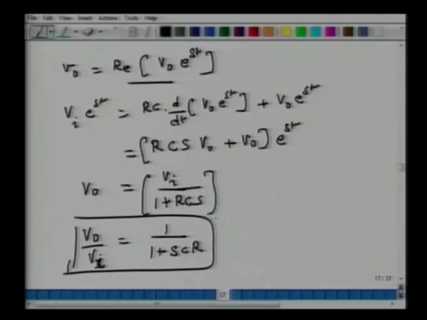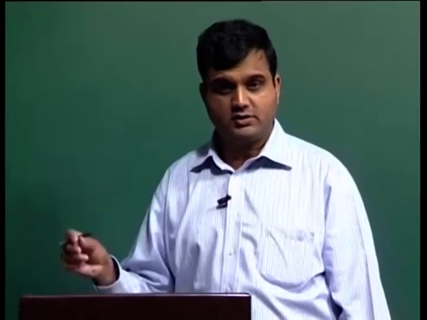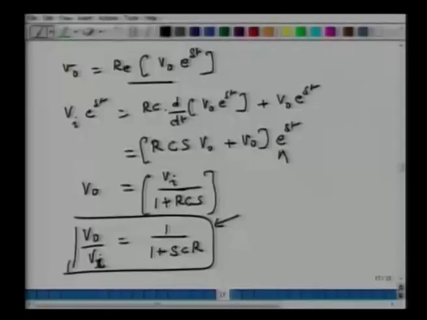This will help me determine the steady state response of the system. The time component is embedded in this exponential term. I know Vi, so I can calculate V naught, and then I take the real component of V naught e^st and figure out the actual physical voltage across the capacitance.